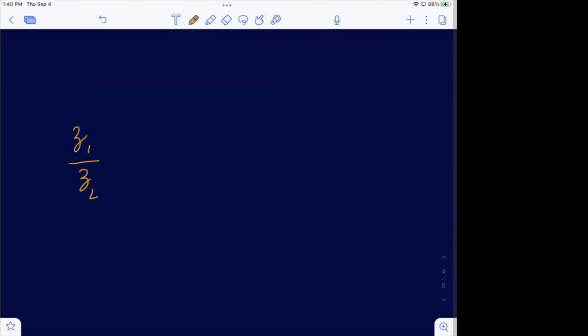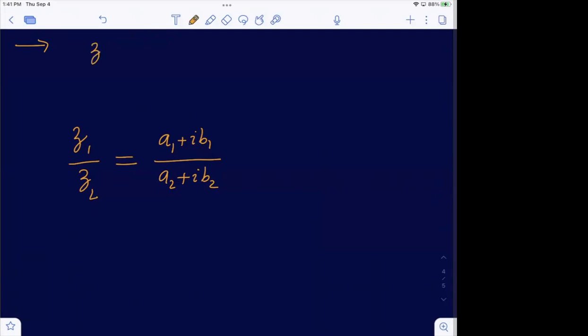Let's be clear with the notation: z1 over z2, where a1 plus i b1 is z1 and a2 plus i b2 is z2. Now, how can you define division of two complex numbers? Before talking about division, let's talk about something that we can fit in here. That's exactly why I left some space.